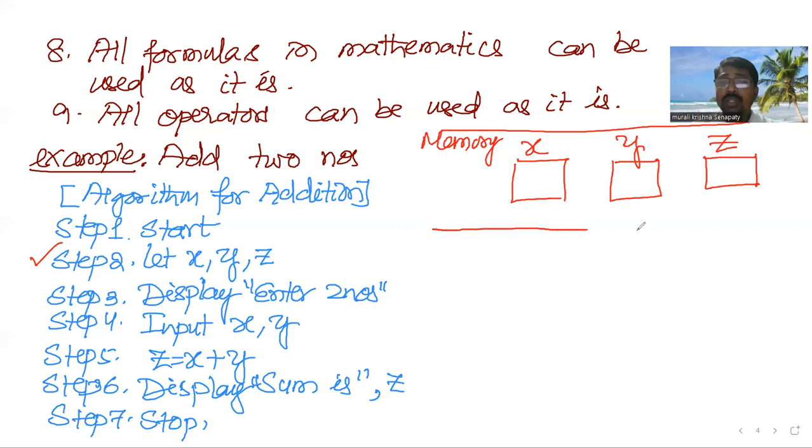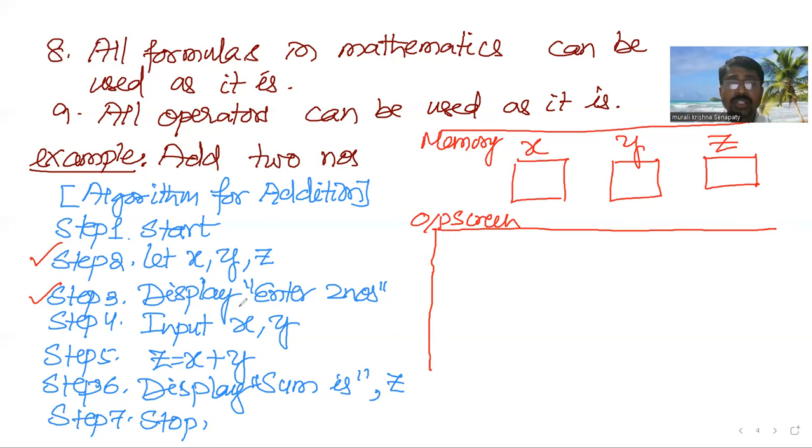Now I will think of the output screen. This is my output screen, let us assume. When I execute step number 3, display enter two numbers, this message is shown and the cursor is blinking here. When executing step number 4, input x comma y, you will be typing two numbers.